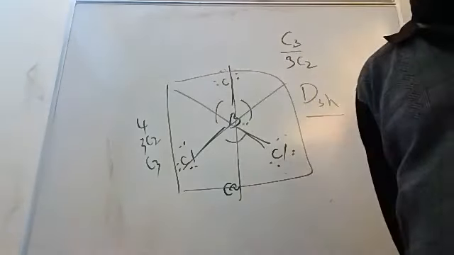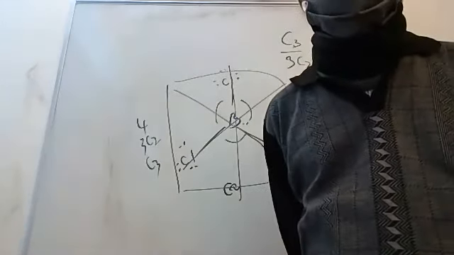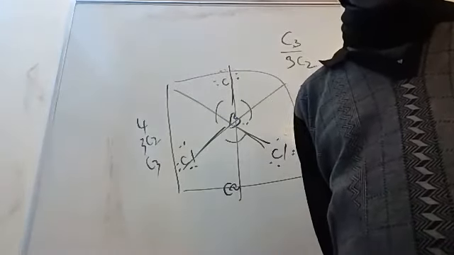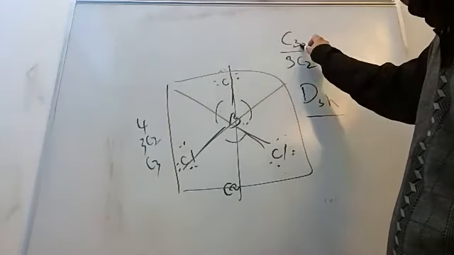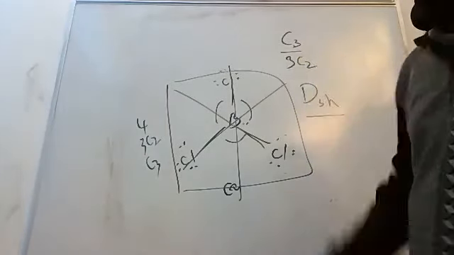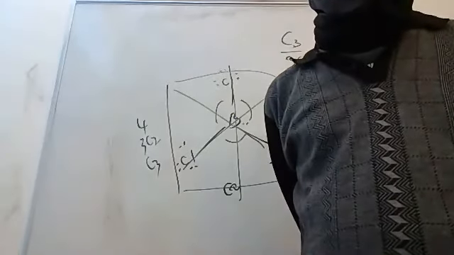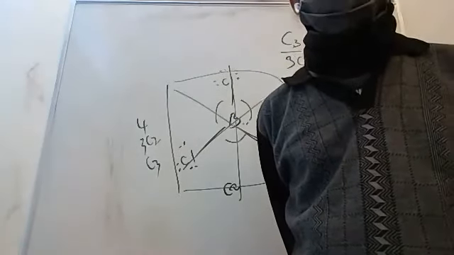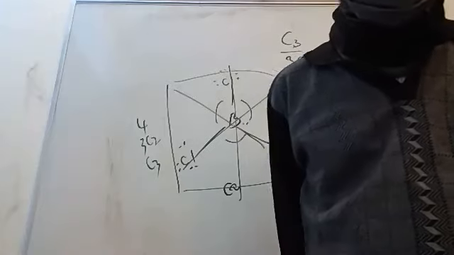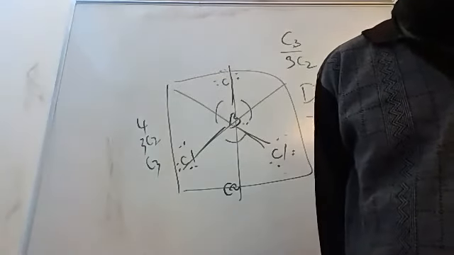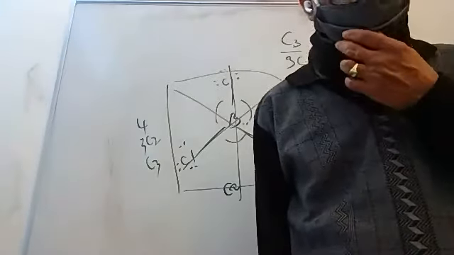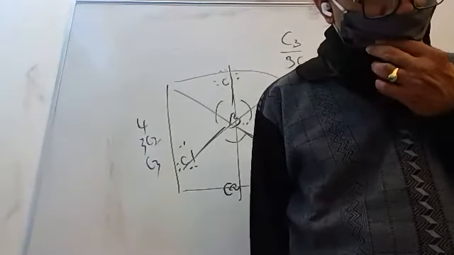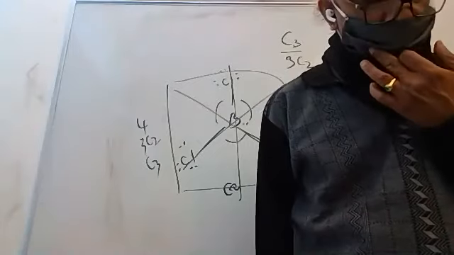No, this molecule does not have Sn. A D basically tells you that you have a C3 and three C2s perpendicular to the C3. In case people need to know, it's on page 209 in the textbook. Thanks for that, whoever that was.